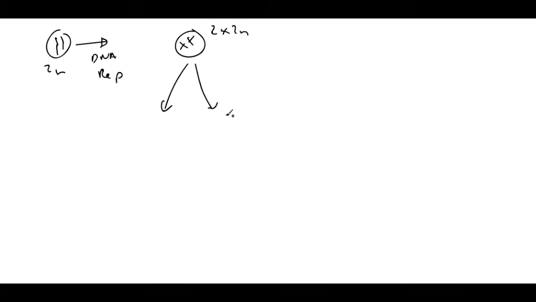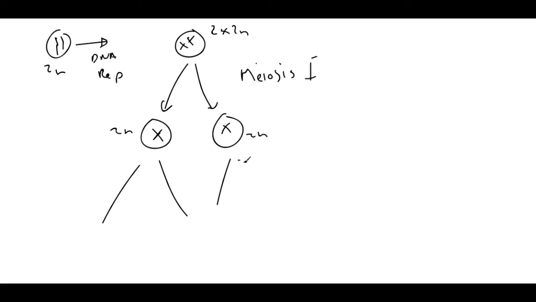Goes through meiosis I, which is made up of the stages I said before. It looks like this now, but the genes are different in different orders. This each has 2n, 2n. Then it goes through meiosis II.